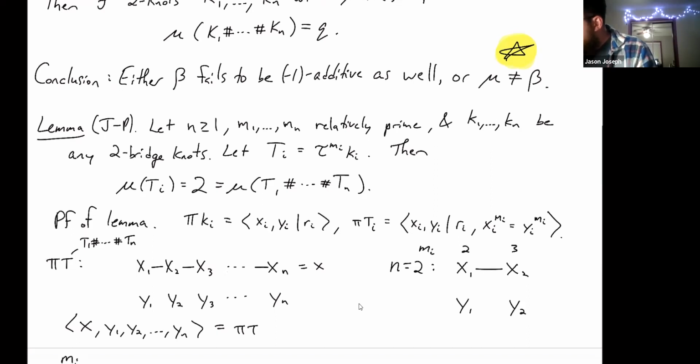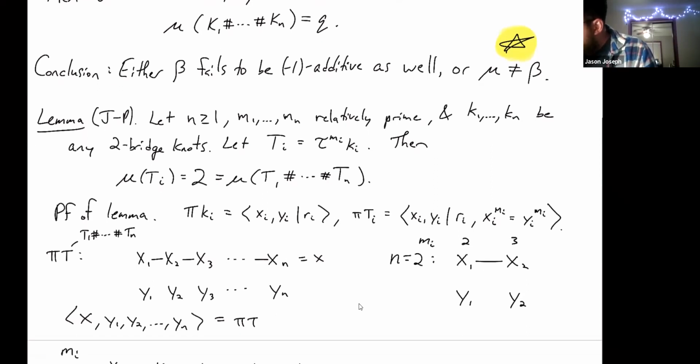So this means y1 squared is the same as x squared, and y2 cubed is the same as x cubed. But look, 2 and 3 are coprime.